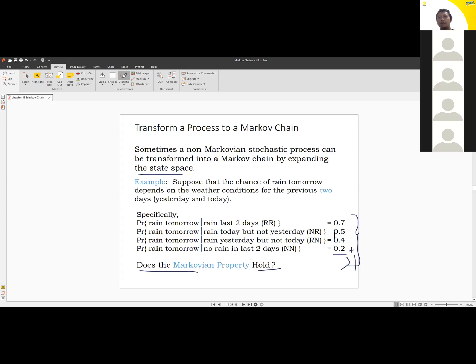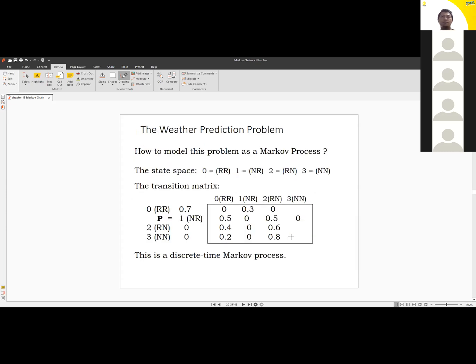So how about the solution? We use another way. You can see here how to model this problem as a Markov process.